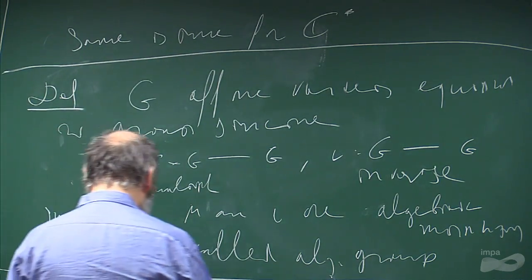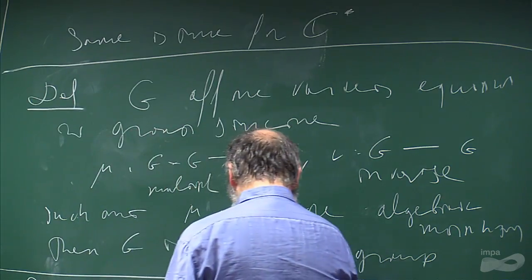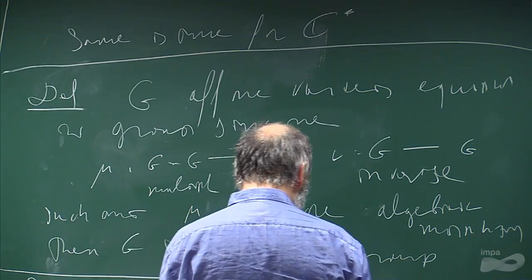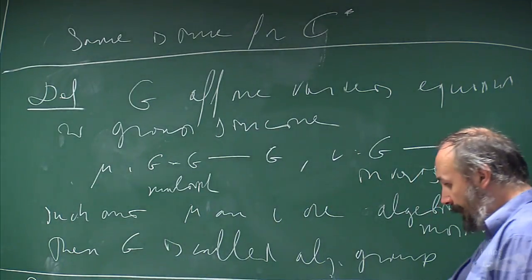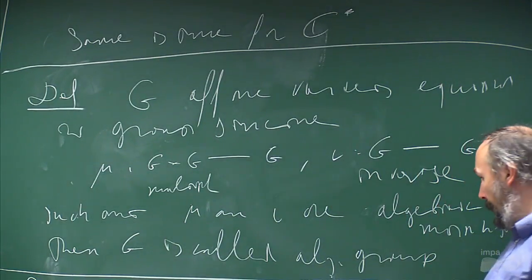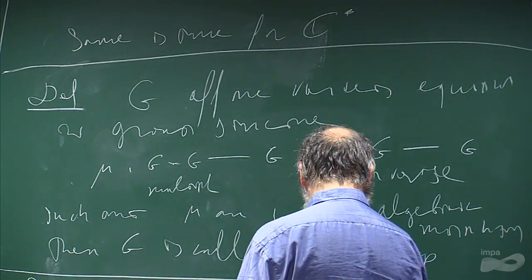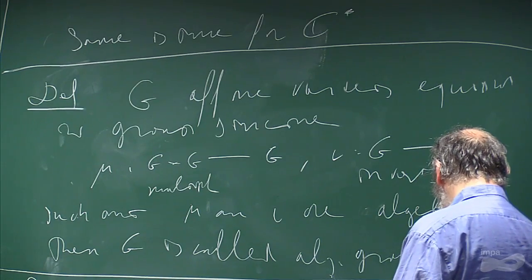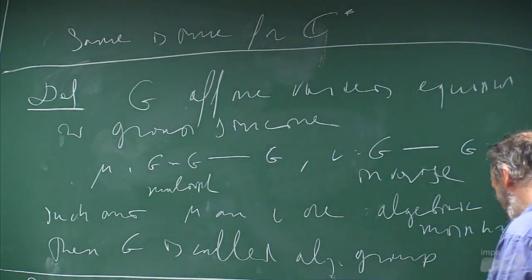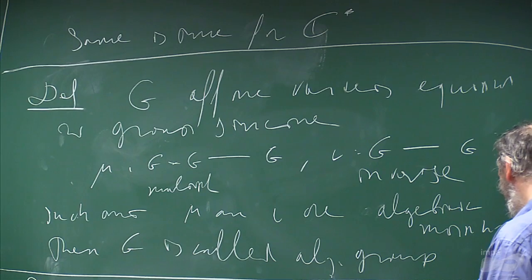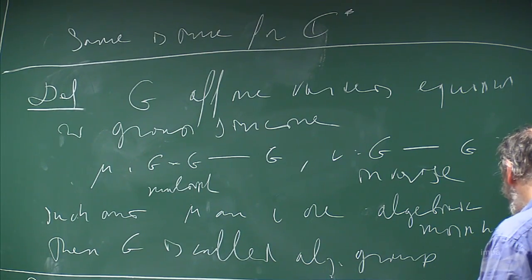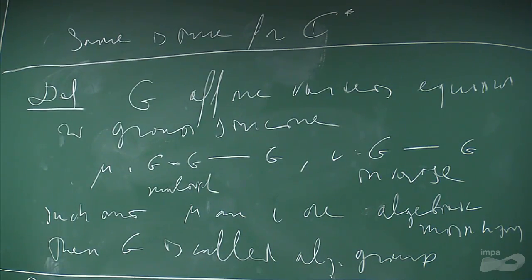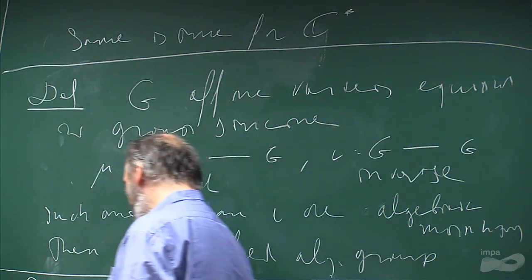I will take C star, which is C without 0. First, it has coordinates. This is an affine variety, because C star is the set of x, y inside C squared such that xy is equal to 1. We had that already several times.